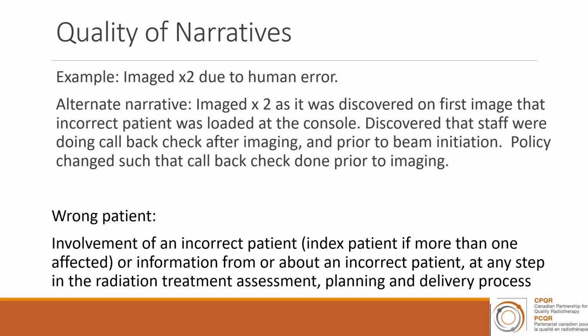So again, in this case, the imaging became the safety barrier, but the problem was actually that they had the wrong patient loaded up on the console. And we've also been given a little bit of information about the circumstances that therapists were doing callback checks after imaging before the treatment started, and how they changed that process to mitigate the risk and taught their therapists to do the callback check before the imaging even started.